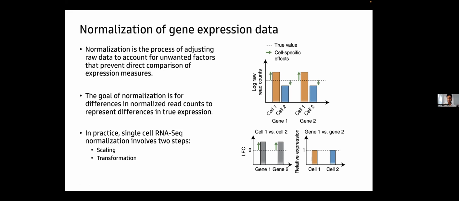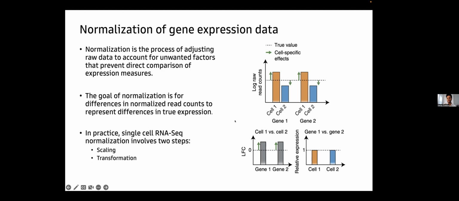In the figure on your top right, we have two cells that have the same count for each of the genes shown, but we can see that cell 1 has more raw reads compared to cell 2, and this might be because we were able to sequence deeper on that cell. It could also be a truly biological difference. For instance, the size may be bigger, and we'll come into the nuances there.